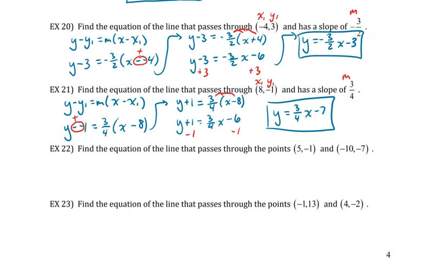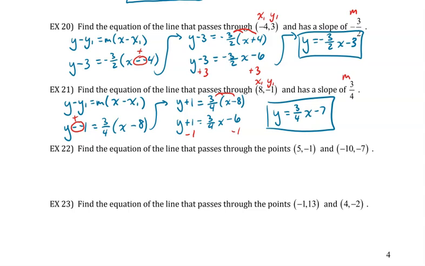All right, number 22. So for this one, if you notice, it doesn't give us a slope. It gives us two different points, but it does not give us a slope this time. So we can't actually use point slope form right away. Instead, since we do need a slope to be able to do that, we are going to use the slope formula.